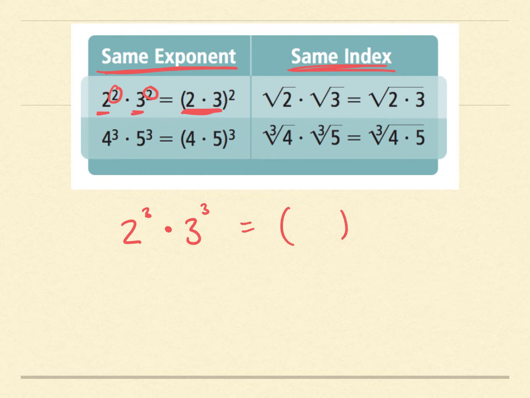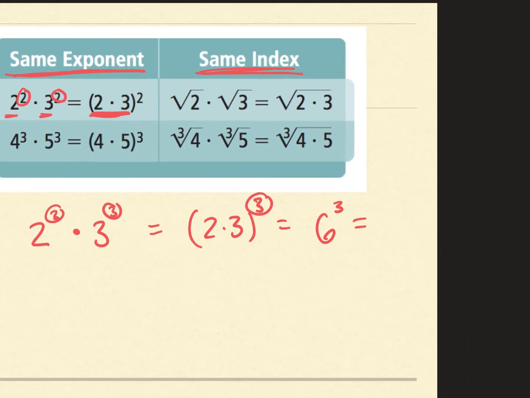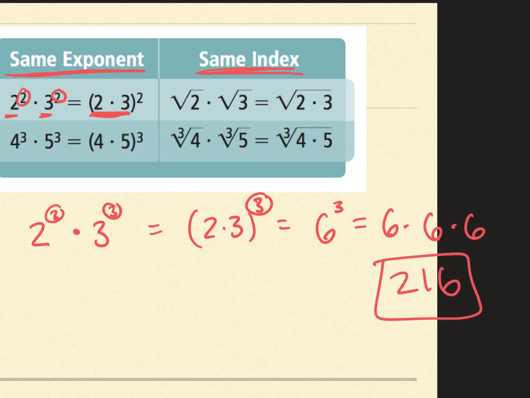I combine the bases, so what would this be? 2 times 3, and what's our exponent? 3. So the exponent stays the same too. So what's 2 times 3? 6. So this would be 6 to the third power, which is 6 times 6 times 6, which is 216.